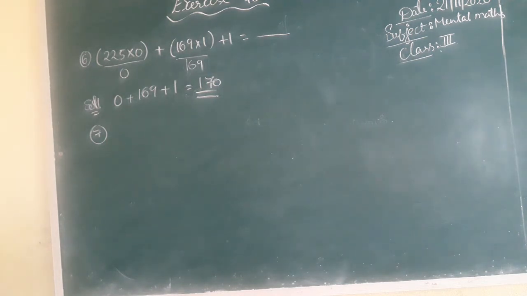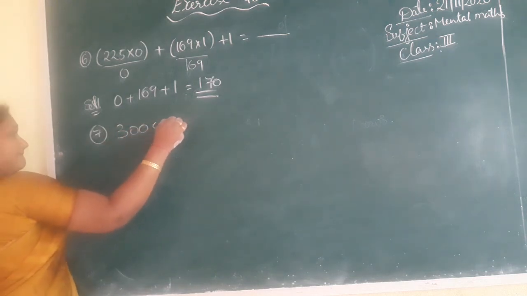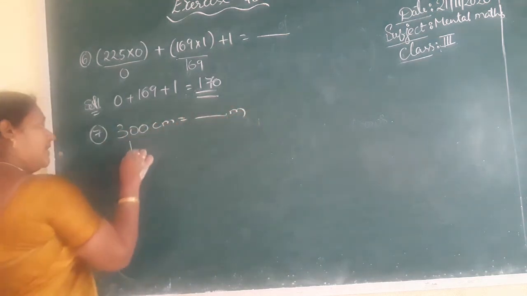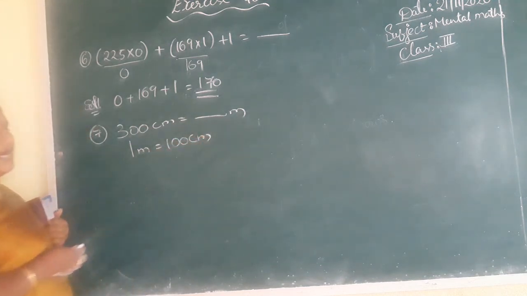300 centimeters equal to how many meters? One meter contains 100 centimeters.